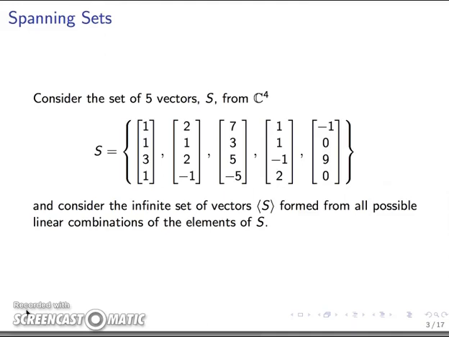In this definition, this would be u1, the next one would be u sub 2, this one u sub 3, this one u sub 4, and the last one u sub 5.